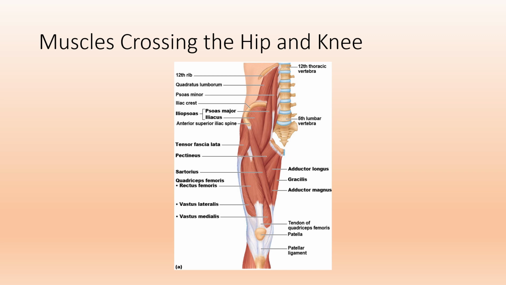The psoas major muscle comes from 5 lumbar vertebrae. Both of those muscles insert onto the lesser trochanter, not seen here, on the femur, and produce hip or trunk flexion. And lastly, we talked about sartorius. Sartorius comes from the ASIS and inserts onto the medial aspect of the tibia.